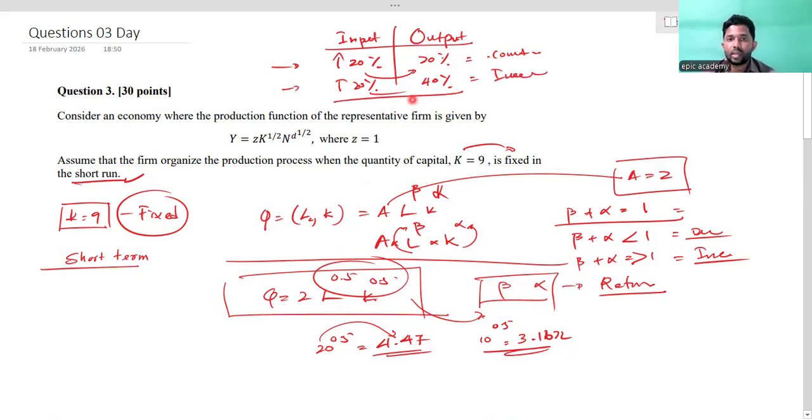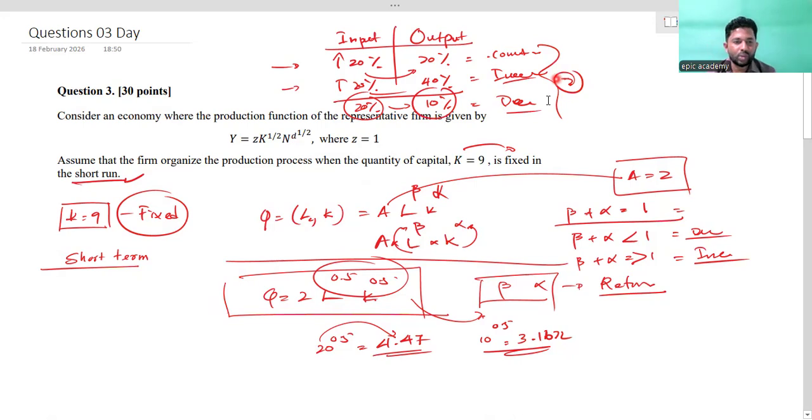It's a favorable time period for the producer. In the next case, they increase the input by 20%, and as a result they are able to increase only 10% of output. It's not a favorable situation for the producer. So we call it decreasing returns or diseconomies of scale. Those are the three patterns you can identify here.